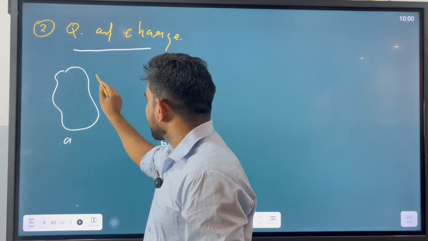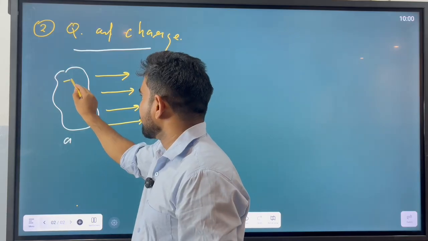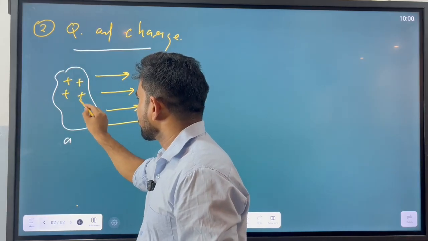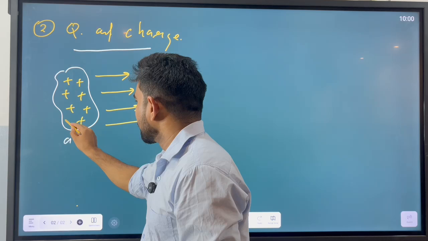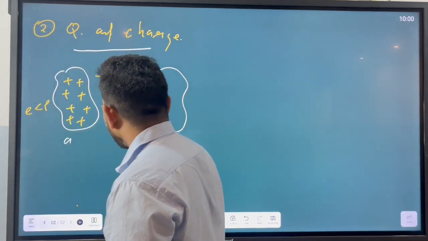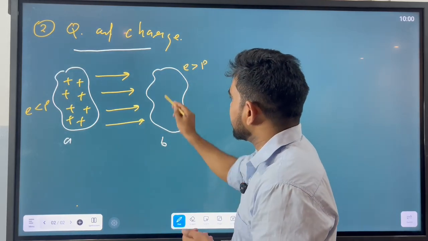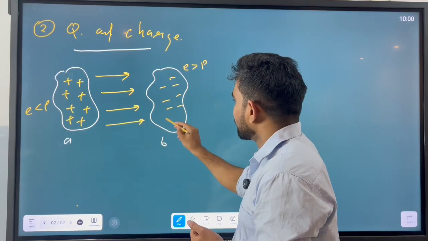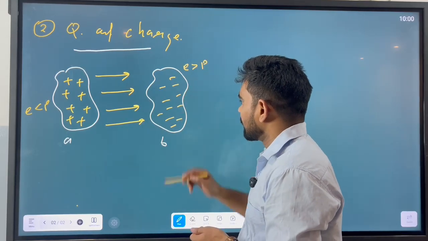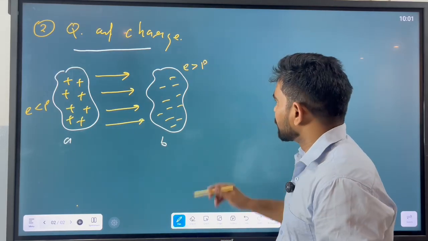But when electrons transfer from body A to B, A becomes positively charged, because its number of electrons is less than its number of protons, and B has more electrons than protons, so it is negatively charged. This one is completely negative and this one is completely positive.